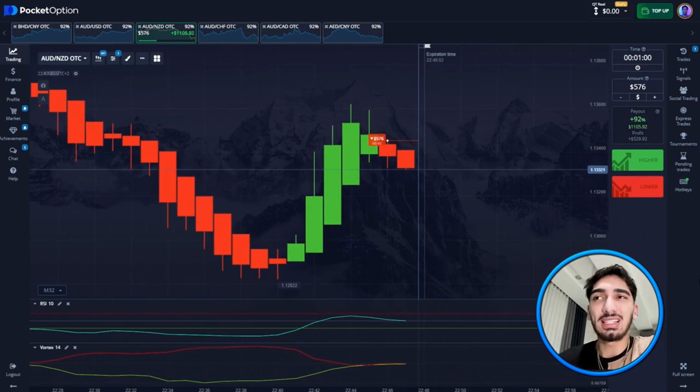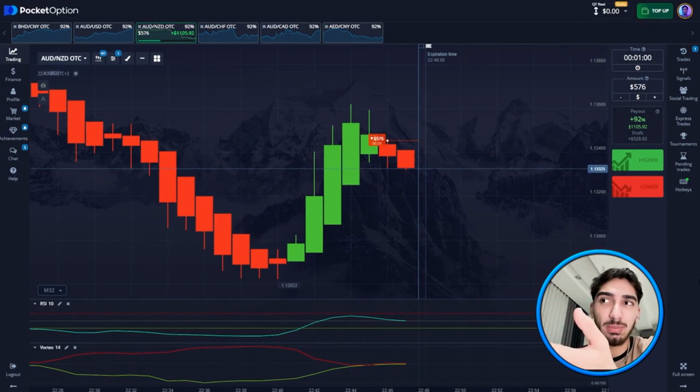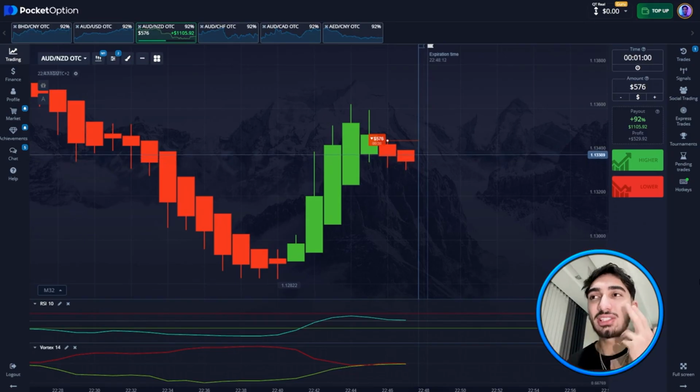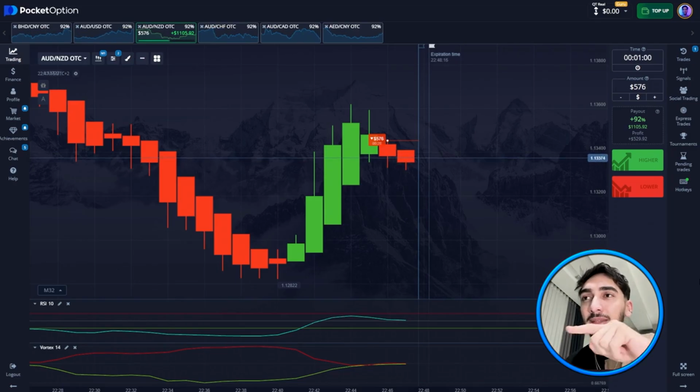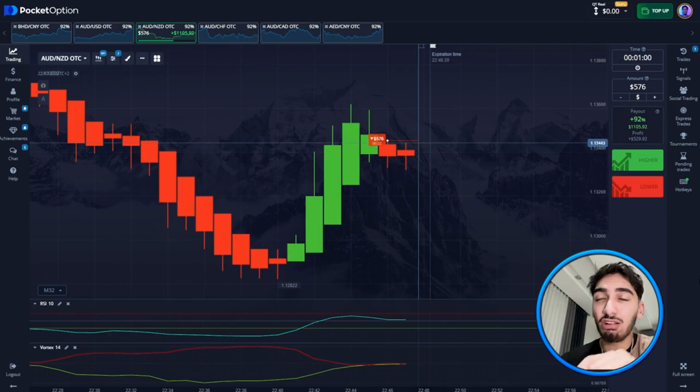And as you can see, it immediately declines. I'm talking about the market, of course. Look at the vortex, the two lines are just matching, and the RSI which was in the overbought zone now declines.